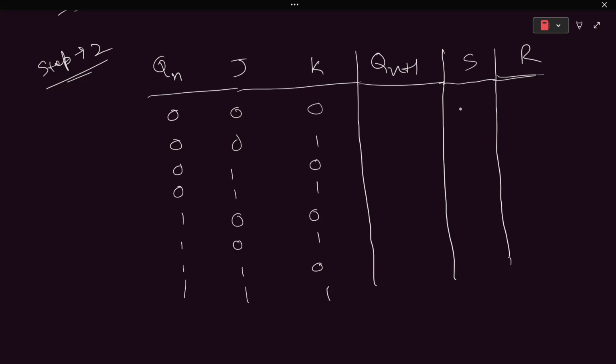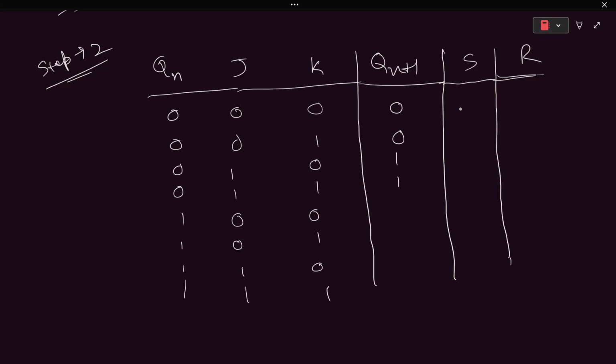So what will be Q and Q+1? This is easy, because 0 0 means keep the memory, that is Q, so 0. Then 0 1 is 0 1, 1 0 is 1. 1 1 is toggle: 0 complemented is 1.